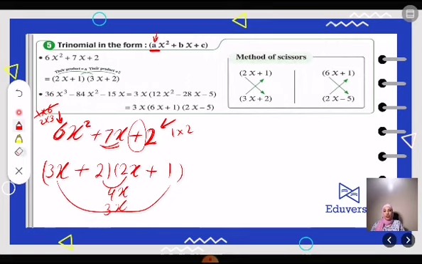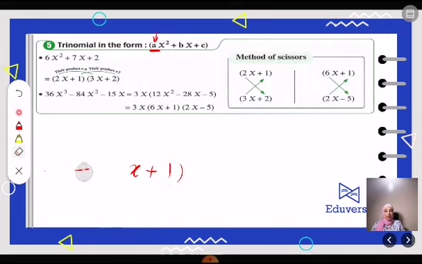Let's see another question, and it also has a common factor before we start. Focus on this. 36, 84, 15, they all are divisible by 3. Then we will divide all the three numbers by 3. Take 3 outside. Then they all have x as a common factor.